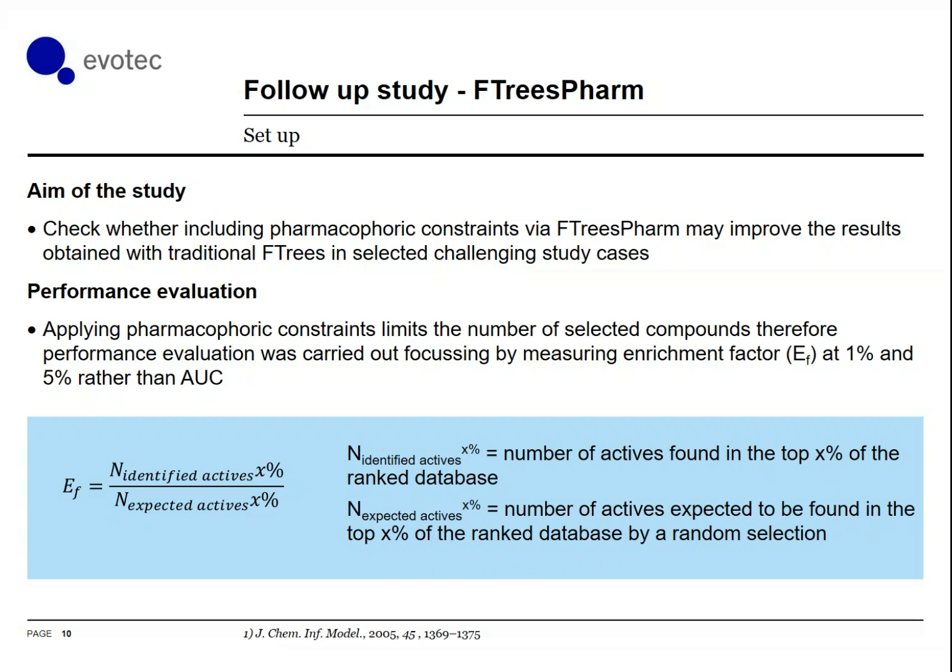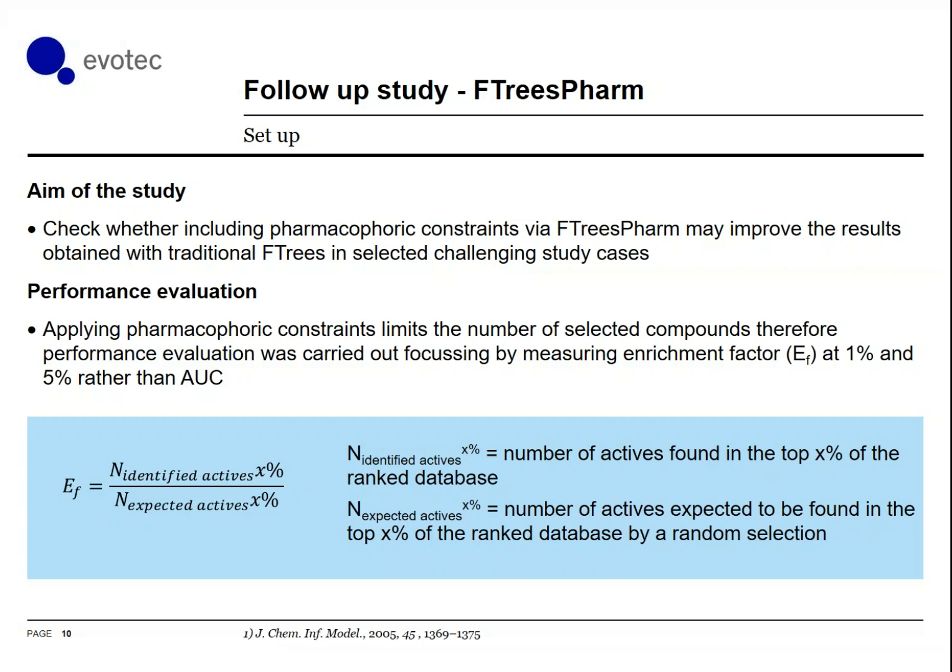And for conducting this study, I have switched the performance evaluation metric from area under the curve to enrichment factor. I have done this because by including these constraints, several compounds tend to be excluded from the output of your similarity search, and this will not allow me to calculate a meaningful area under the curve for the whole database, and also this will vary a lot depending on the specific reference and constraints that are chosen.